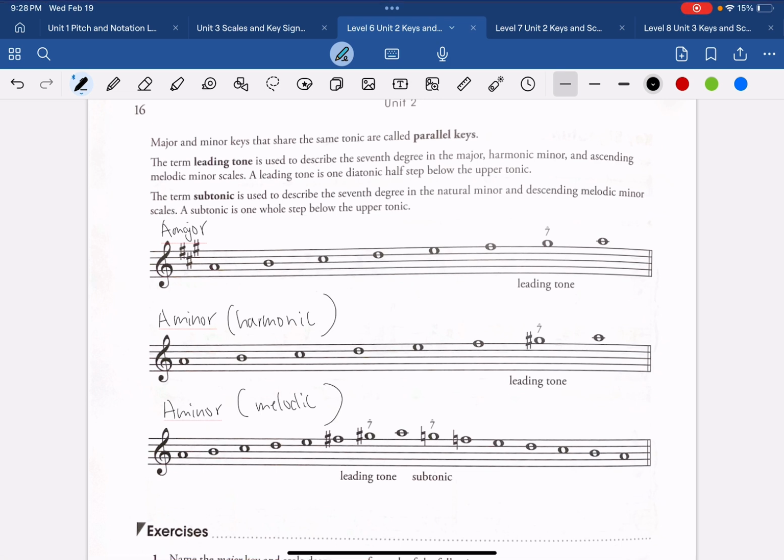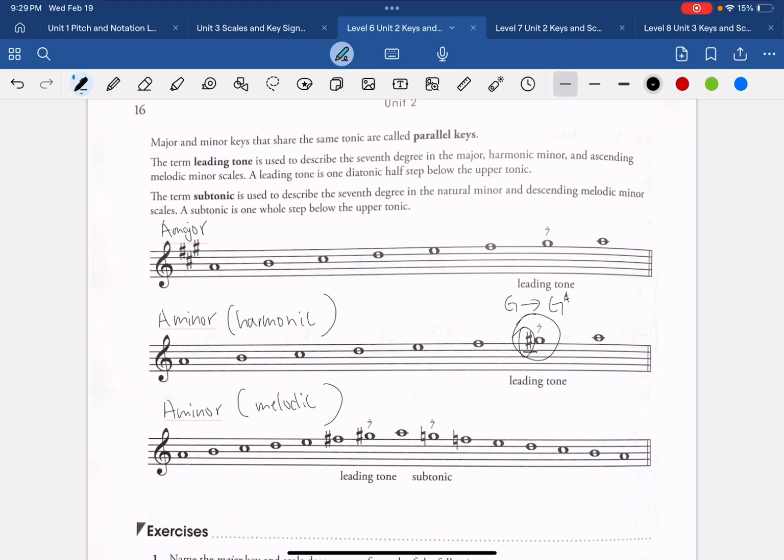So for harmonic form, notice how the seventh note is raised with an accidental. It used to be a G, but now it's a G sharp. And we do that by adding the accidental sharp.